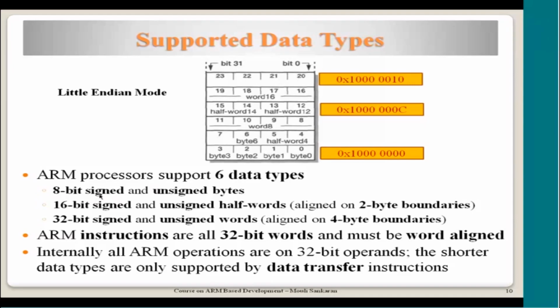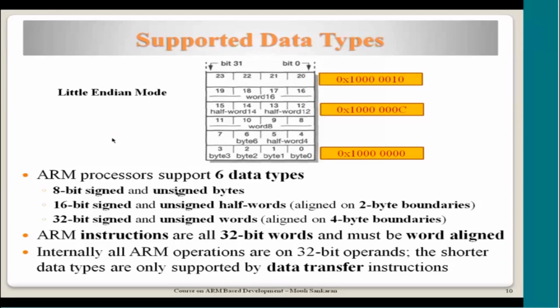Now when it has to be copied into a register, since you are copying a byte from memory, it will go into the LS byte of the register, and because that byte has its MSB bit set, that is bit 7 is set, that is extended to all the higher bits. Okay, 24 bits of the 32-bit will be made 1, so it will become a complete 32-bit signed value.